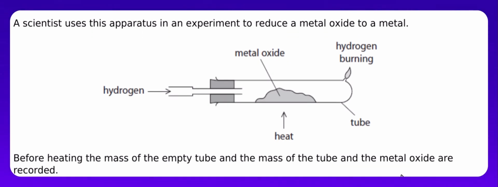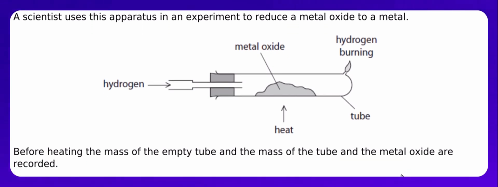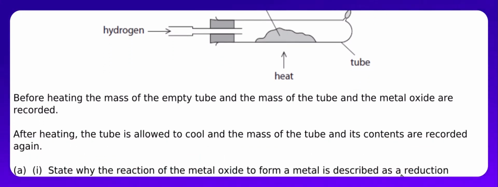So you can see, before even we go to the question, the scientist is actually passing a stream of hydrogen through a tube into a metal oxide that is being heated. And at the far end, there is an opening where the excess hydrogen is being burned. So then we can see what they were doing here.